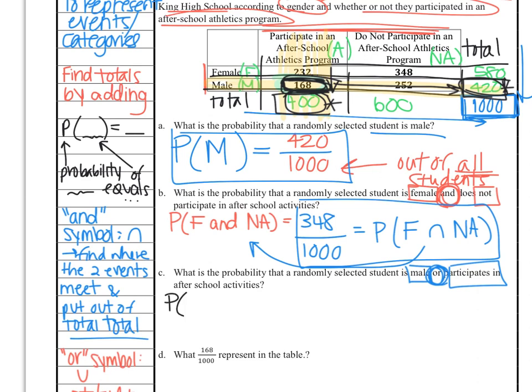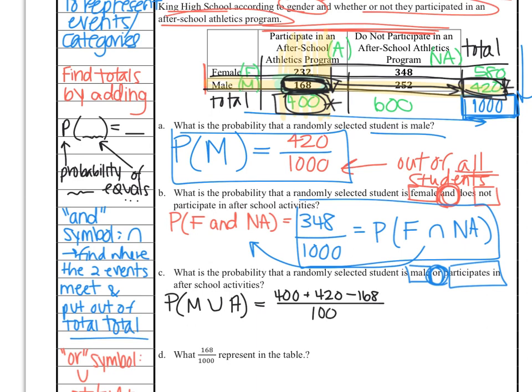So probability of male, I'm going to use my symbol right away, or participating after school, so that's the A. And I have to again do the addition here. So 400, total 1, plus 420, total 2, minus 168, that double counted intersection. And it's always out of the total.